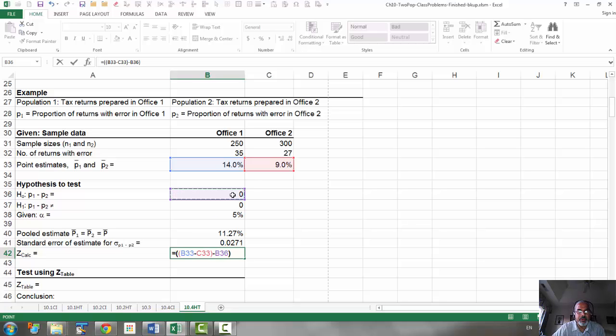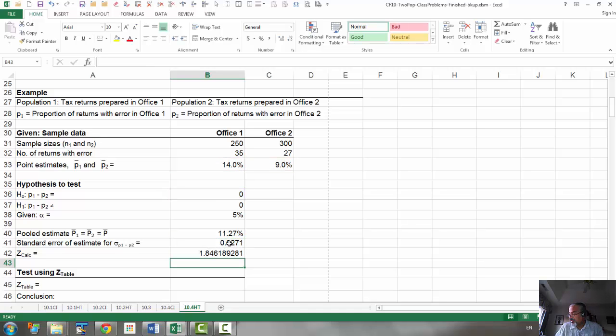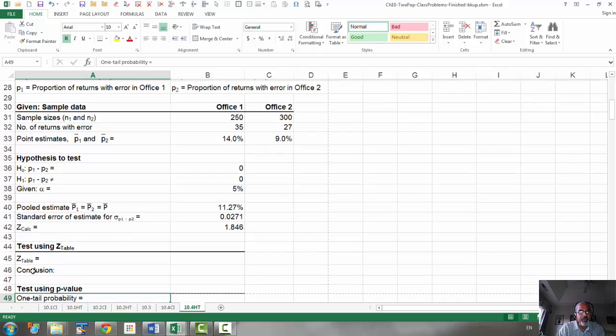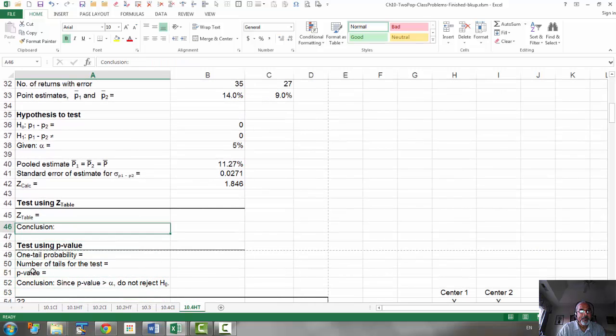So that's the numerator, P bar sub 1 minus P bar sub 2 minus the hypothesized value, divided by the standard error of estimate. So that gives us the calculated value of the z statistic, and of course now we can do the test using z-table or the p-value, and we will do both.